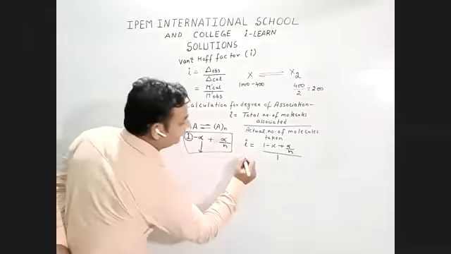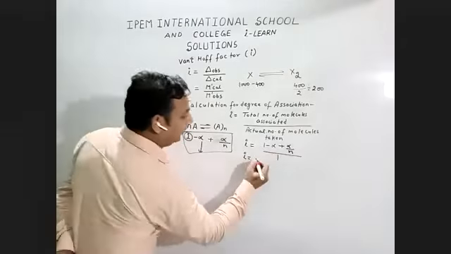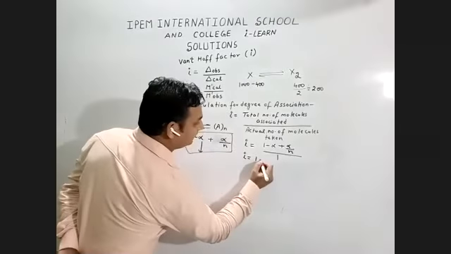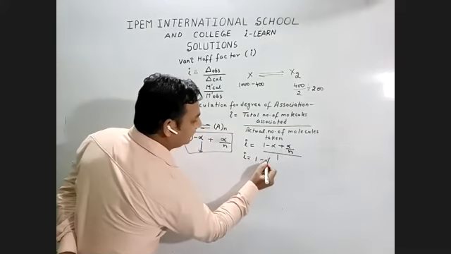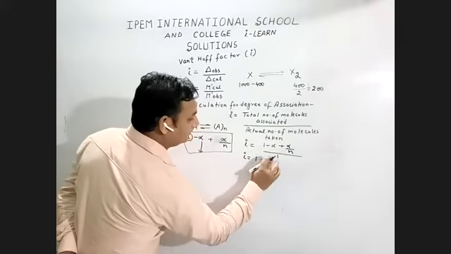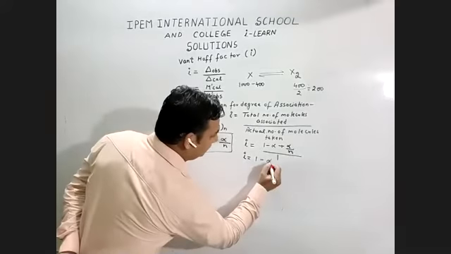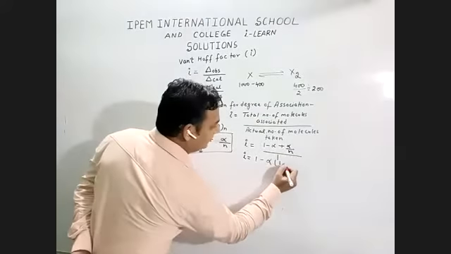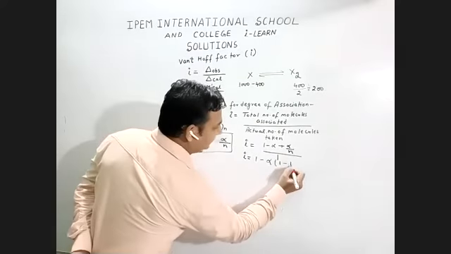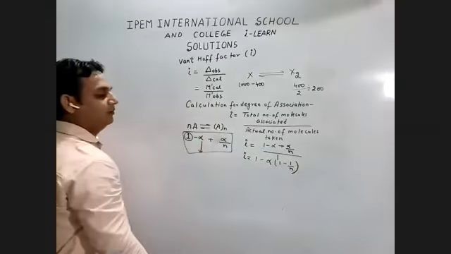Now, this can also be written, taking out alpha as common, as 1 minus alpha into (1 minus 1 upon n).